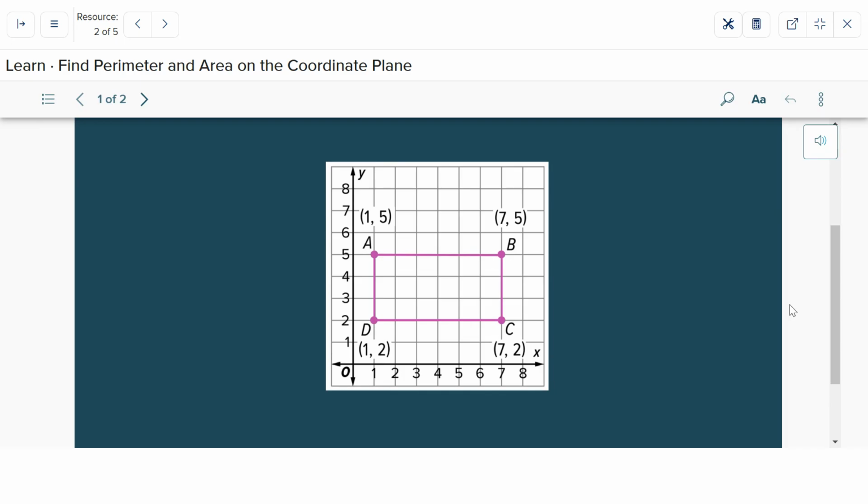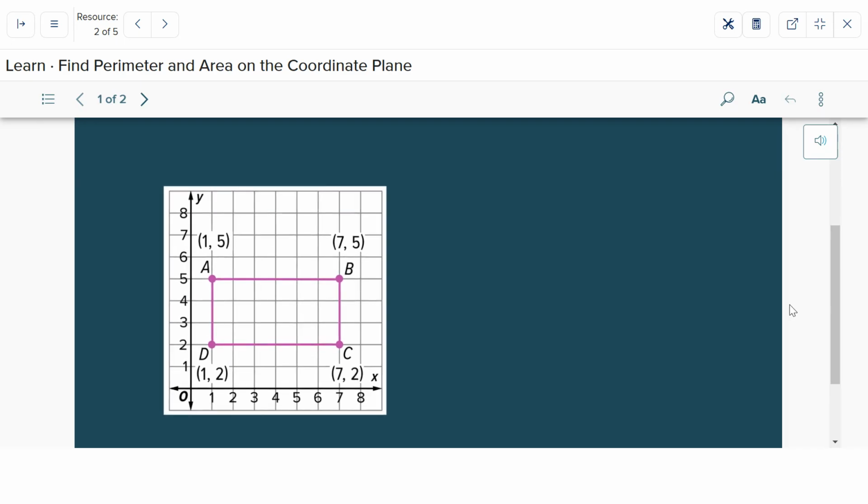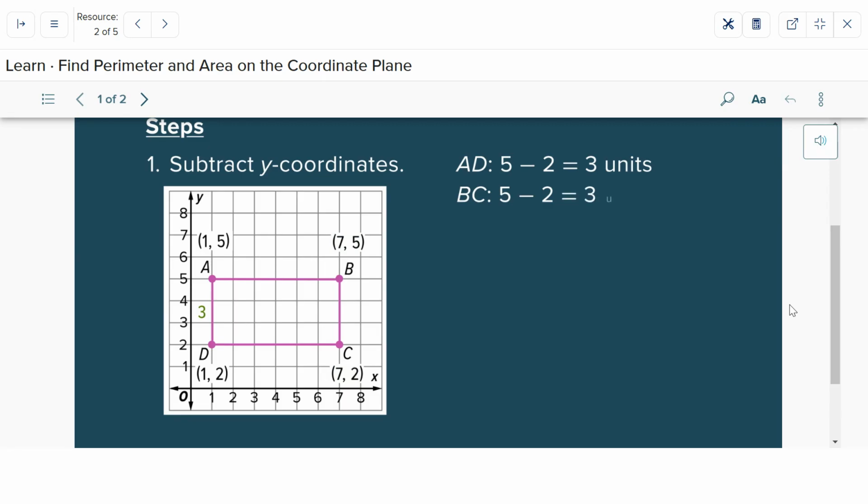To find the distance between 2 points with the same x coordinates, subtract their y coordinates. Points A and D have the same x coordinates, so subtract their y coordinates. Side AD measures 3 units. Points B and C also have the same x coordinates. Side BC is 3 units.